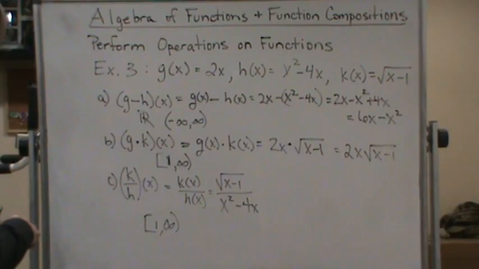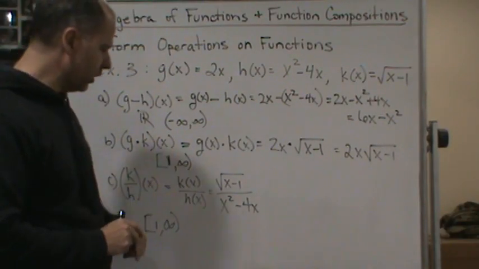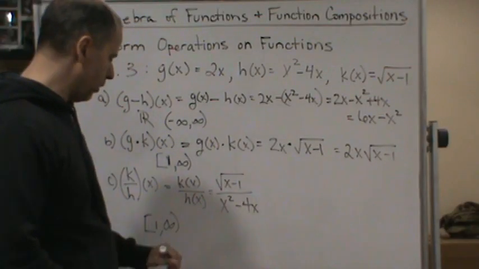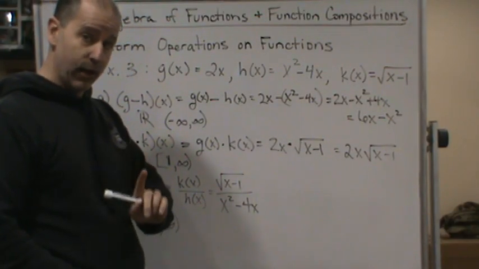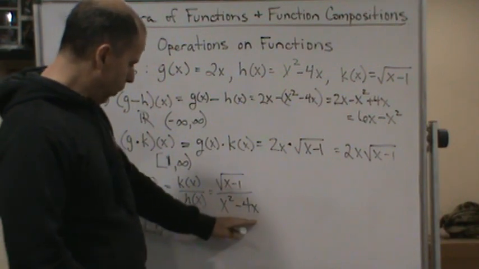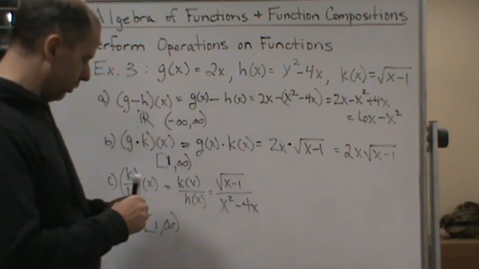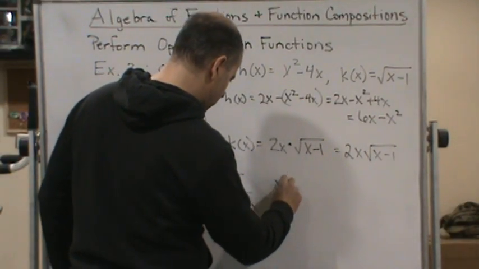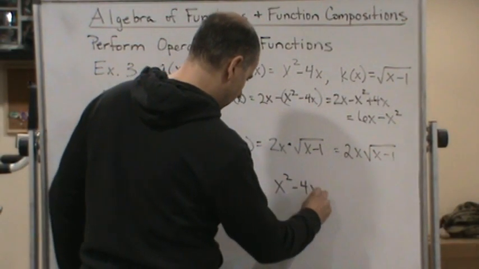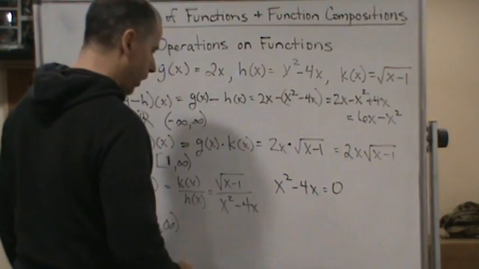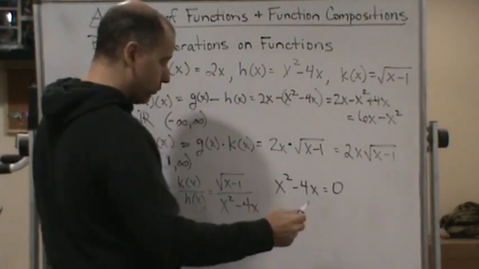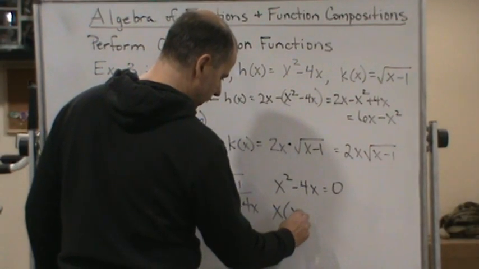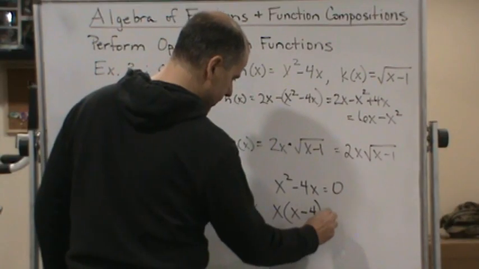But we still have to look at the denominator, because remember, the denominator cannot be equal to 0. So that's also going to be a restricted value in the domain. So what values make this equal to 0? Let's solve that. We have x squared minus 4x equal to 0. Going back to factoring, we factor out an x. So that's x times the quantity x minus 4 equal to 0.